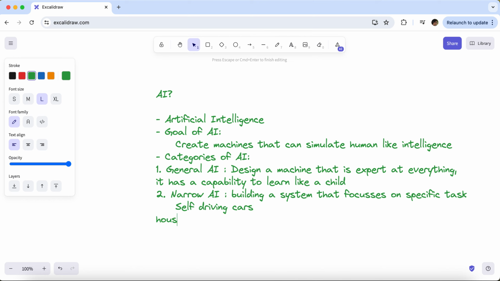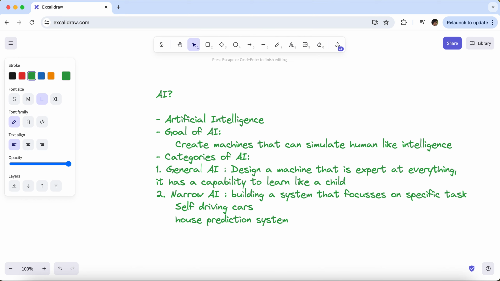Or a house price prediction system. A house price prediction system has various parameters that it considers, like in which year the house was constructed, which city, what is the area of that city, what kind of locality.